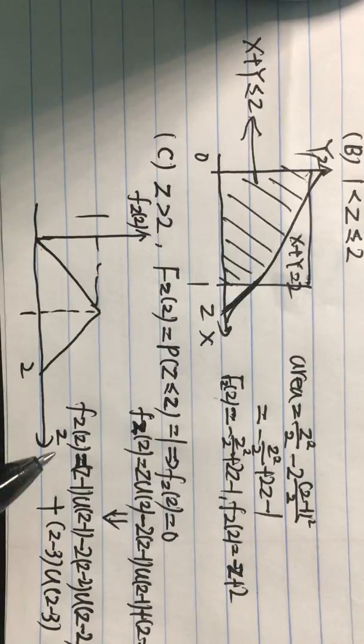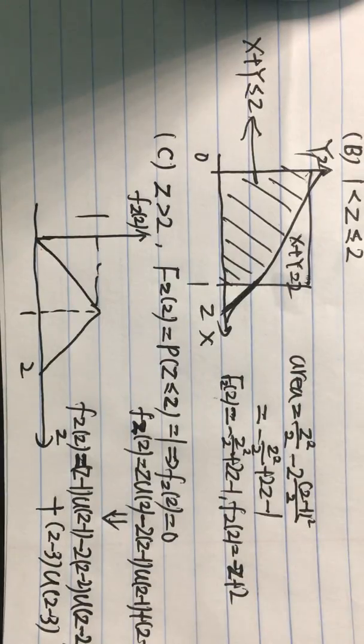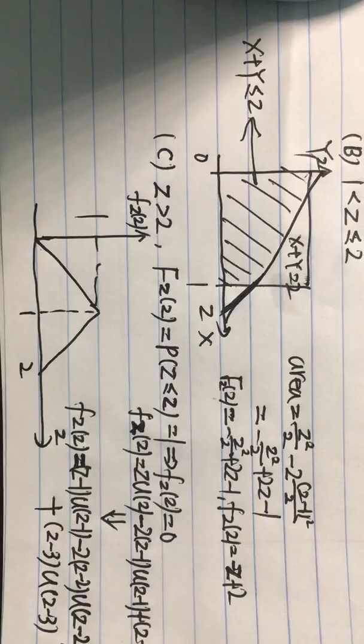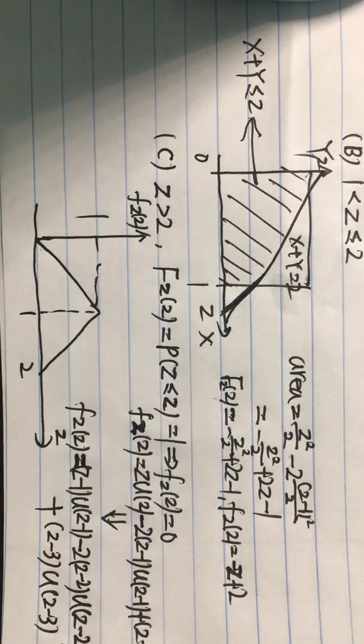This is just the same as what we got from the first question, so it is correct. So this is the solution of homework number 5, problem number 1. Thank you very much.